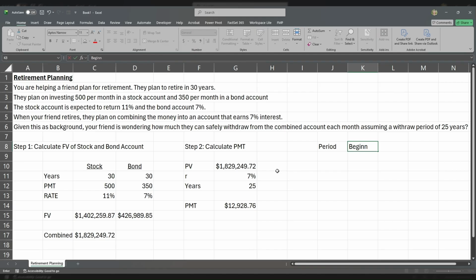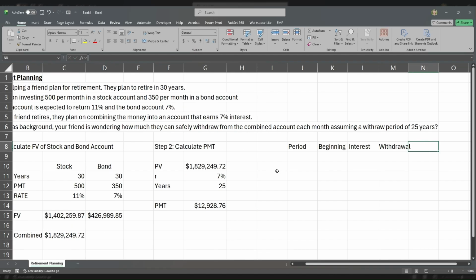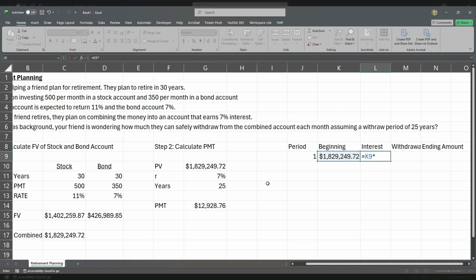Period. Beginning amount. Interest. Withdrawal. And ending amount. So I'm going to put this into a schedule here, just to try to validate what's going on.